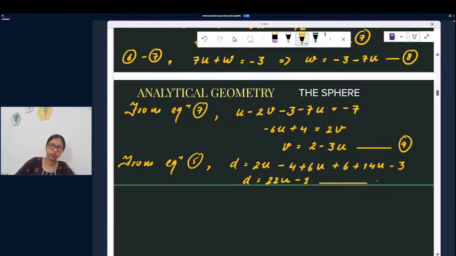Everything I have is in terms of U. Alright. Now we want one more condition to get the value of U. If I get the value of U, then I get the value of D, V, and W also.